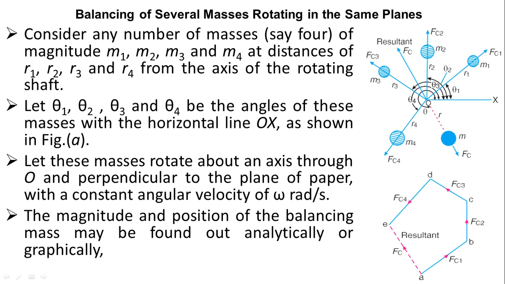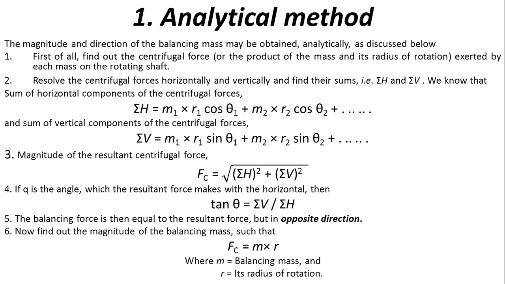You also need to find the angle theta, which is measured from the origin OX. So you have to find this mass m and the angle theta. You can go by this method.